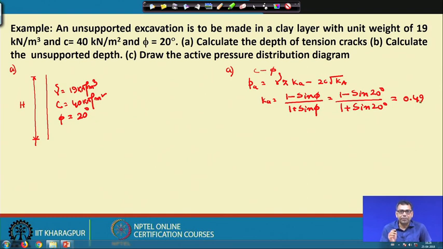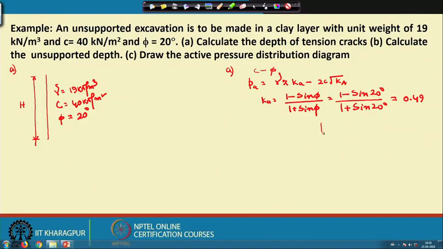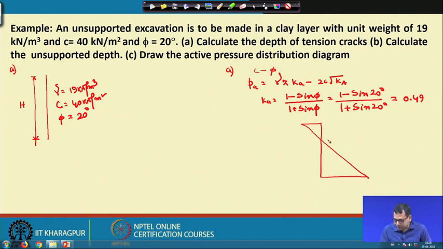As I mentioned, tension crack will develop up to that Z0 depth. Z0 means where the Pa value is 0, there is no earth pressure. If we have a c-phi soil, we know this is the earth pressure distribution. Our tension crack will develop up to Z0, this is the depth of tension cracks, and if I extend this another Z0, this is the depth of unsupported portion.